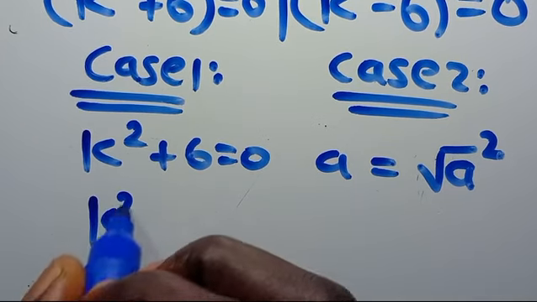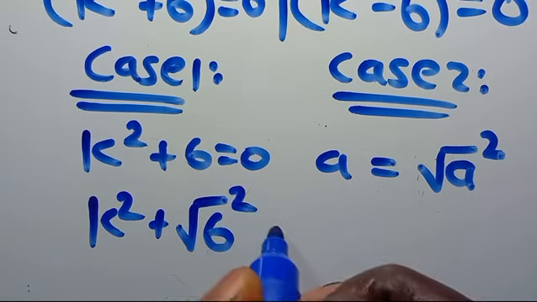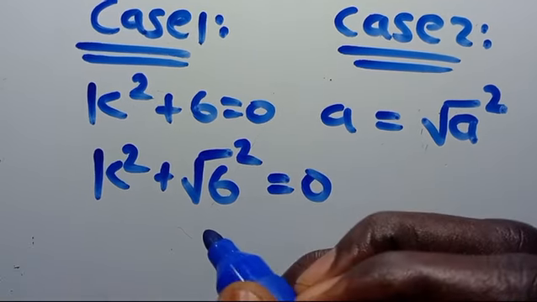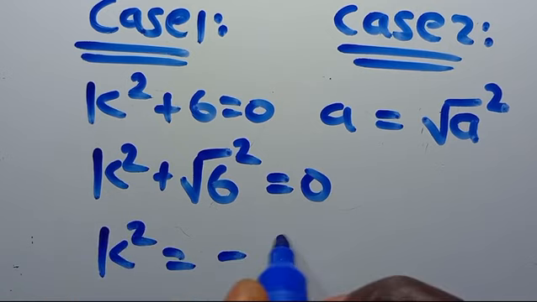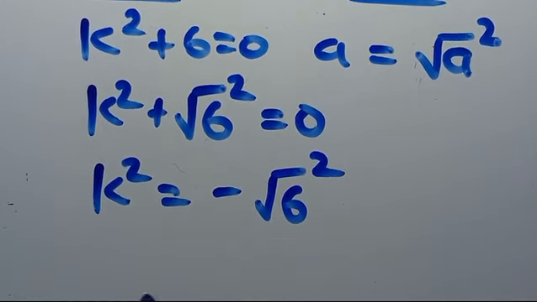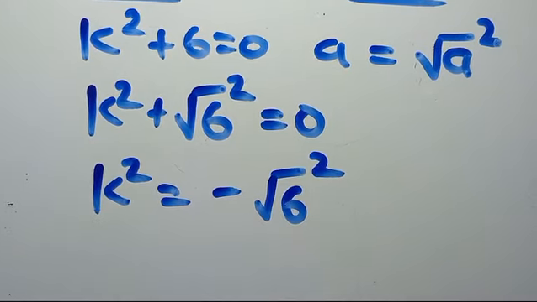So this will be k square plus root 6 square equals 0. So take this one here, we have k square minus root 6 square.